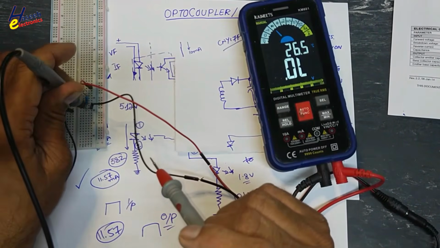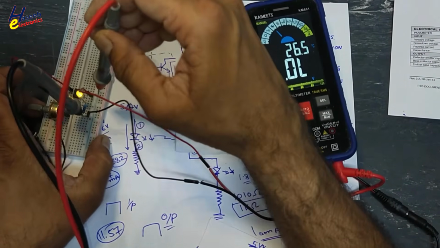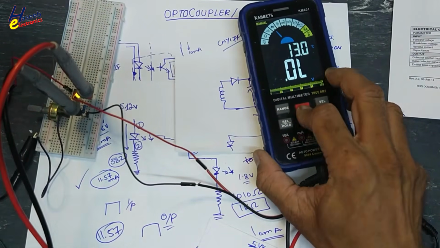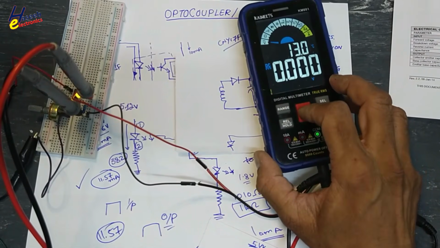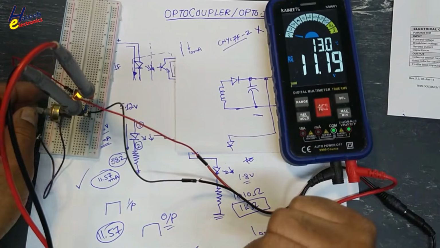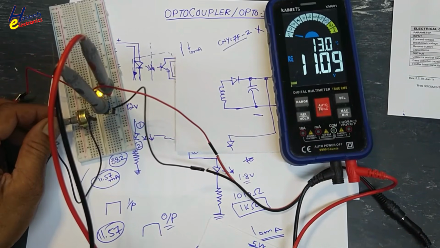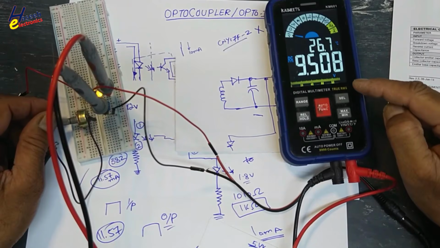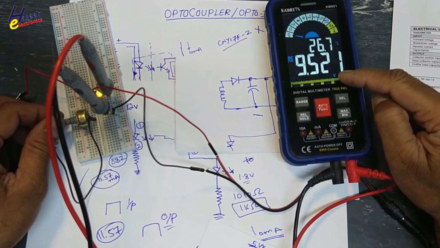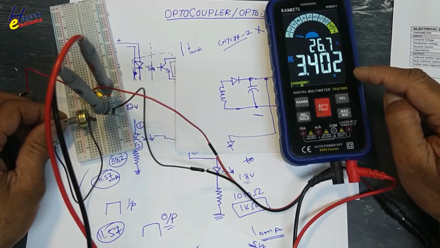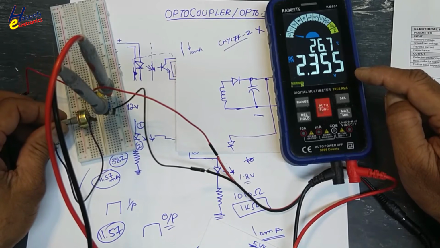Let's see practically voltage here. Emitter pin. This time at 10 milliampere we are receiving this voltage value. If we will control the current, we can see the voltage are dropping now.